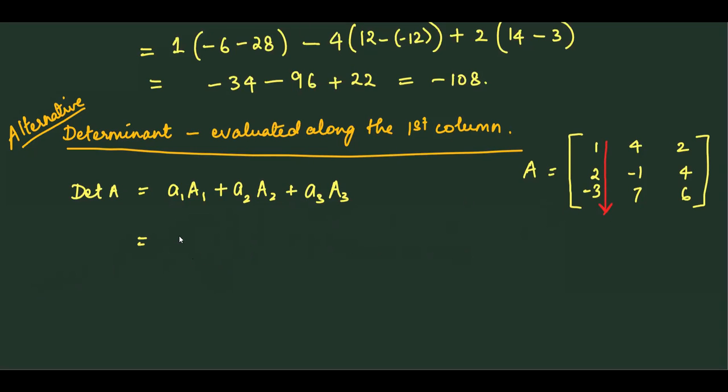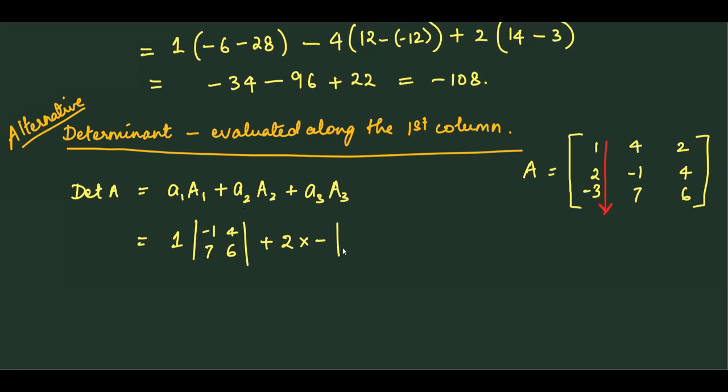So you have to evaluate about the first column. First row first column element multiplied by the cofactor. Cofactor is 1 4 7 6. Then the second row first column is 2 multiplied by its cofactor.